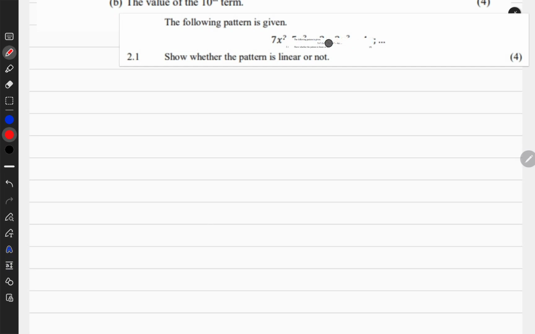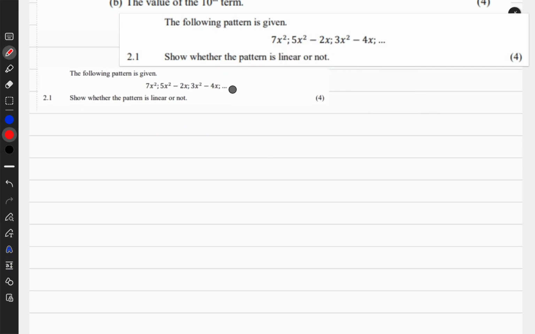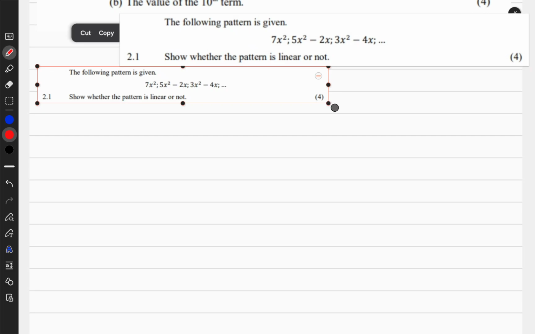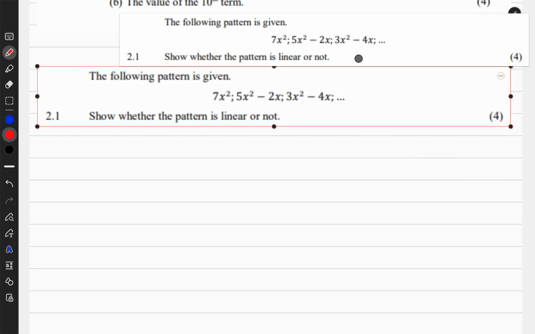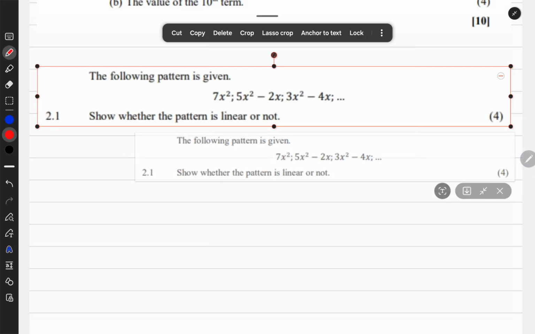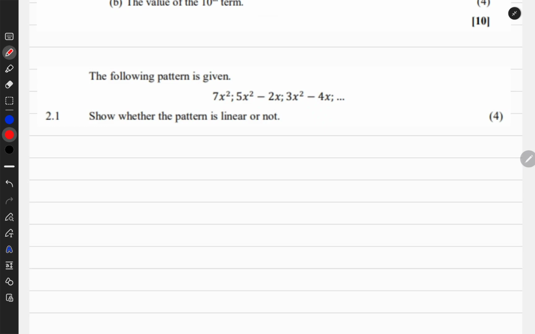Here's our 2.1. We're going to provide solutions for this one, okay? So what we basically need to know is whether we've got a common difference or not.